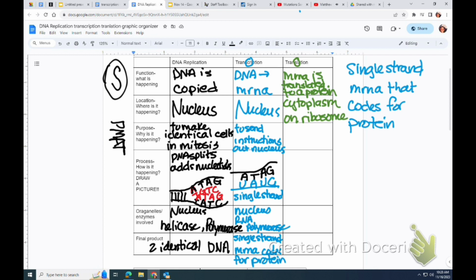When you see rRNA, it just means ribosomal RNA. The purpose of this is to make a protein. The whole point of this is to turn that genetic information into a protein.